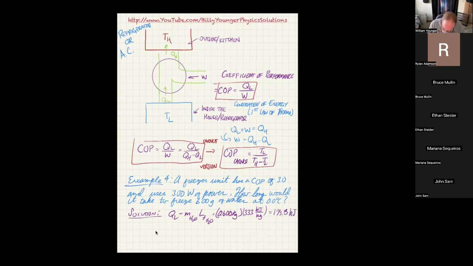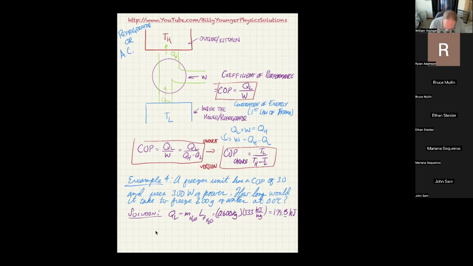So that's how much energy came out, with one extra sig fig. That's how much energy we have to extract from the 0 degree water to force it to freeze. Now we know an actual amount of heat per second because it says it uses 300 watts. So using 300 watts means 300 joules every second. And we just need to figure out how many seconds it takes.